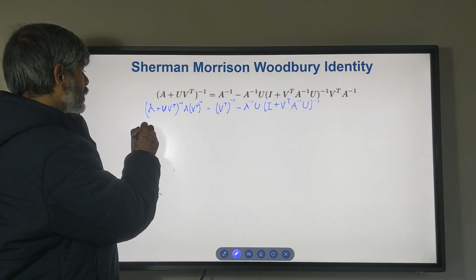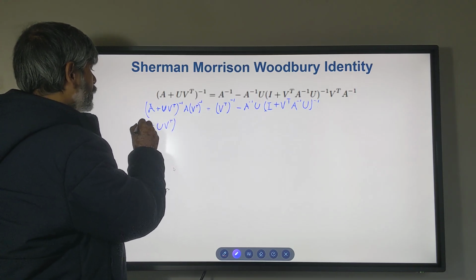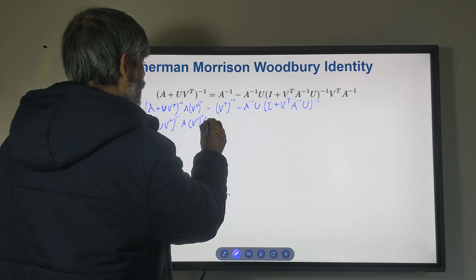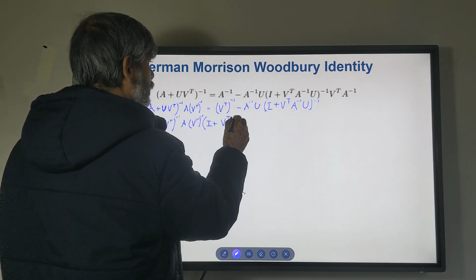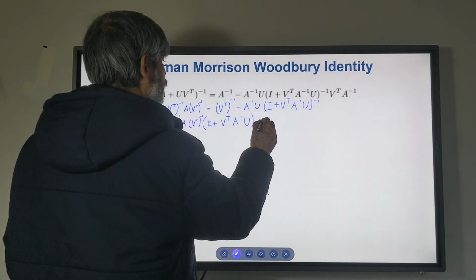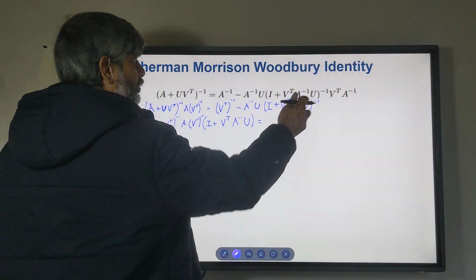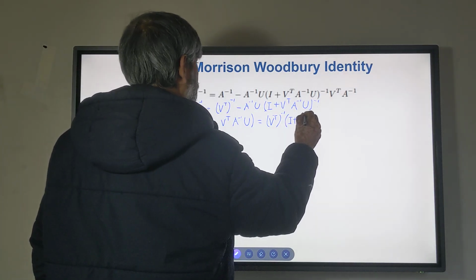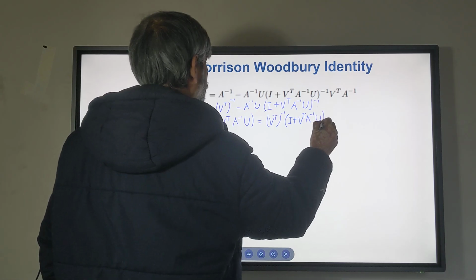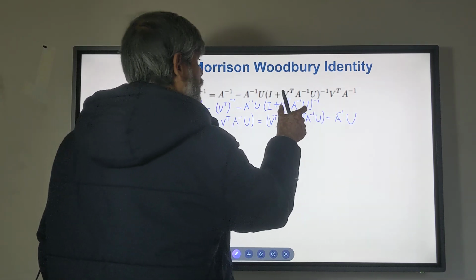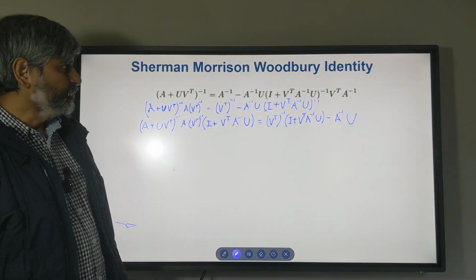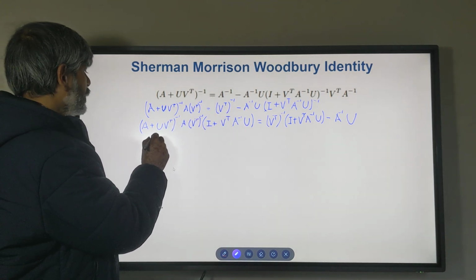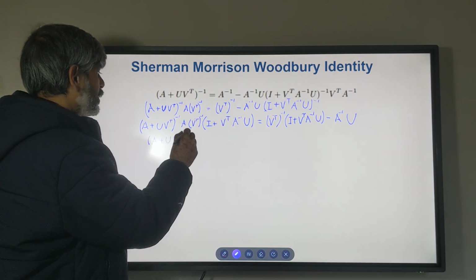So we get (A + U V transpose) inverse times A V transpose inverse multiplied by (I + V transpose A inverse U), equal to, and then we multiply this whole thing with the same term without the inverse, so we get V transpose inverse multiplied by (I + V transpose A inverse U) minus A inverse U. So this multiplied by its inverse becomes I, and then the next step is to bring this inside, so we get (A + U V transpose) inverse.